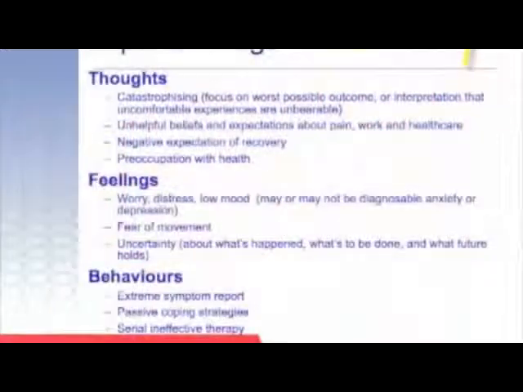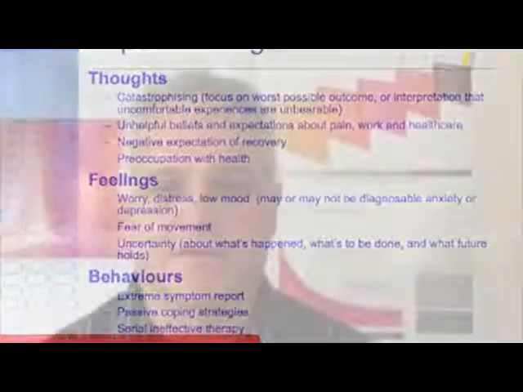There are also unhelpful beliefs and expectations about pain, work and healthcare. So these could be of the variety of thinking that I am never going to get better, the negative expectation of recovery. It can also be things like a belief in a magical cure, or that there's a specific type of healthcare that I require, such as surgery or whatever the case may be.